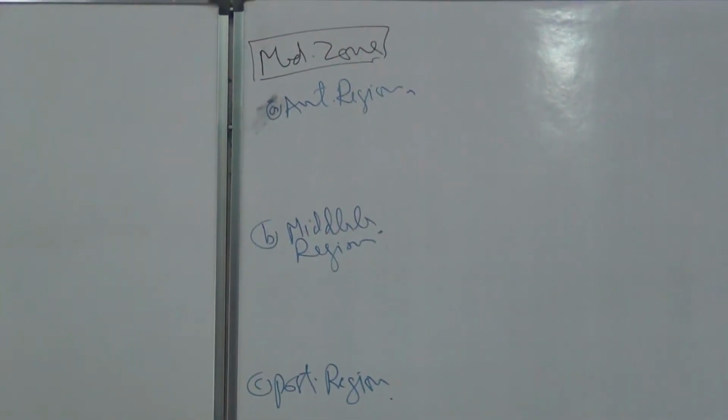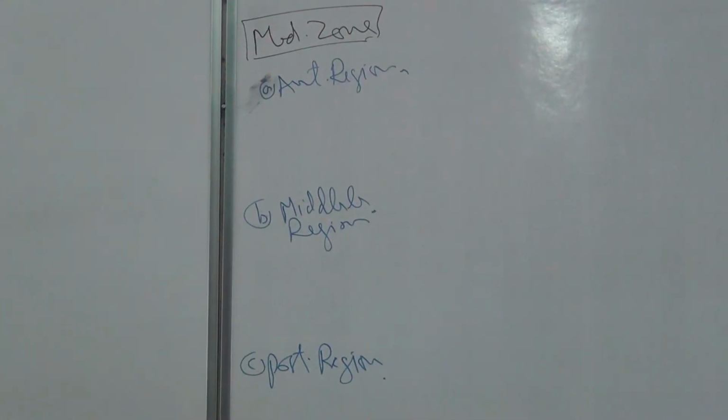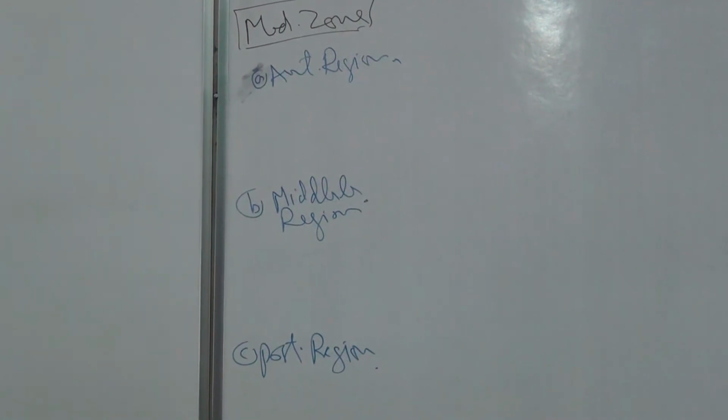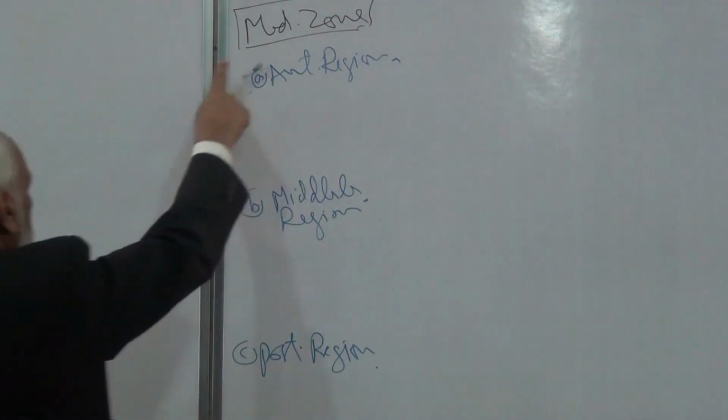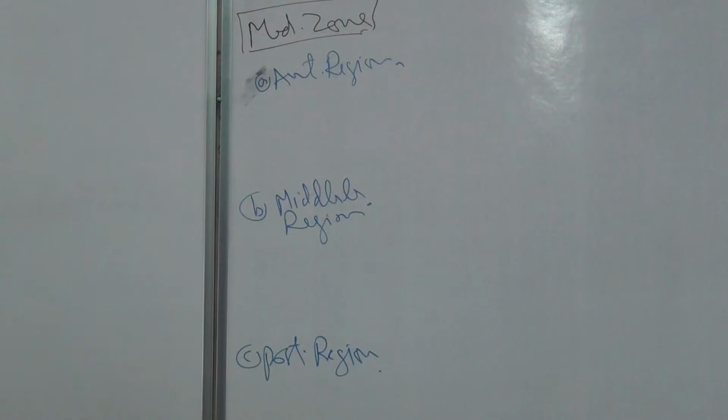Now there are many nuclei crowded in these three regions of the medial zone of the hypothalamus.